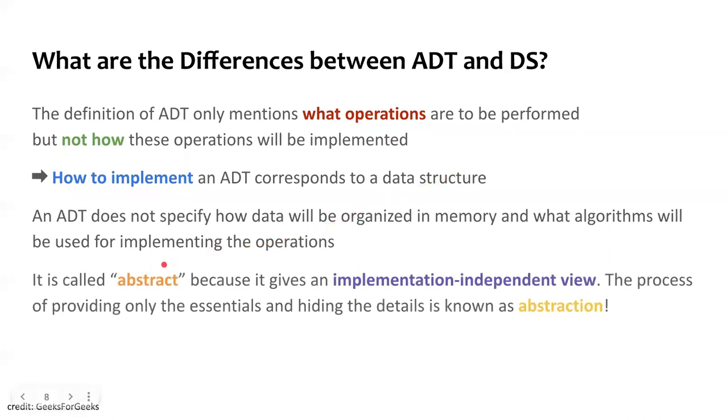And abstract data type is called abstract because it gives an implementation independent view. It does not care about implementation. It only specifies the operations. And the process of providing only the essentials and hiding the details is known as abstraction. So we do not care about how these things are implemented.